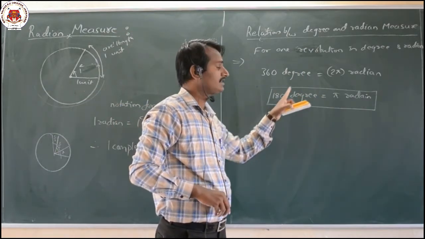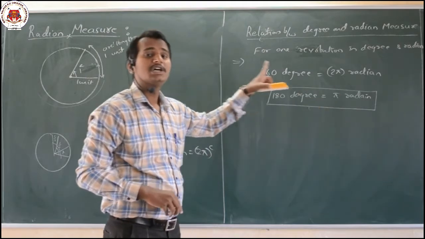That means 1 degree is equal to how many radians, or 1 radian is equal to how many degrees.